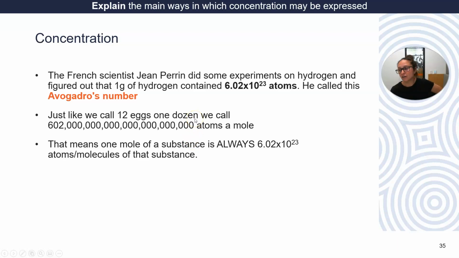If I were to tell you, can you run the streets and get me a mole of oxygen? Then you'll come back and you will have in your hand this many atoms of oxygen. So a mole just refers to a number.